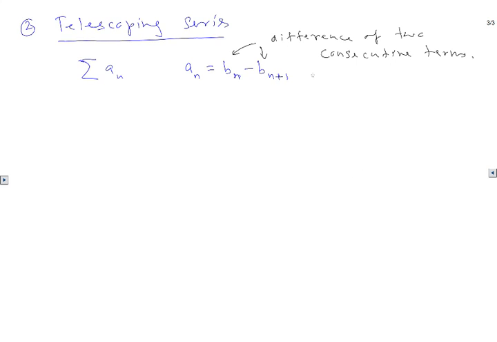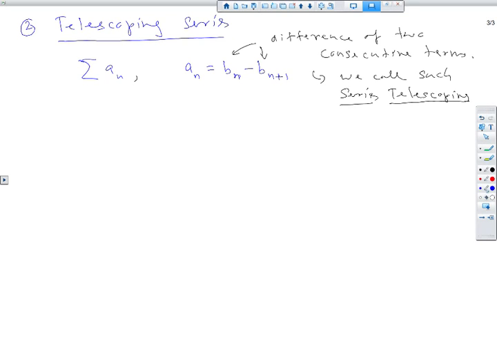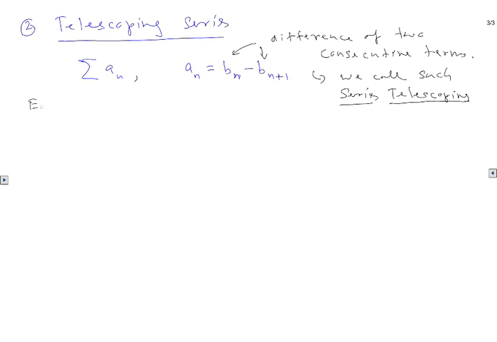In this case, we call such a series a telescoping series. Okay, we call such series telescoping series. So it will be clear if you look at a problem. So let's try to look at the problem. So let's say this example.